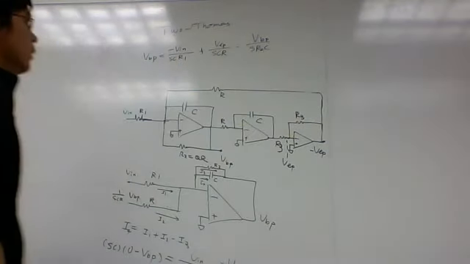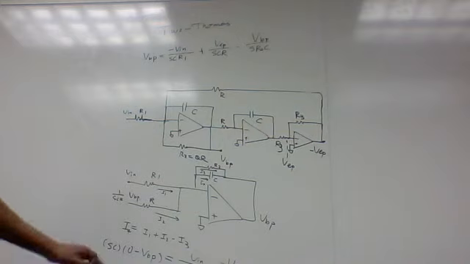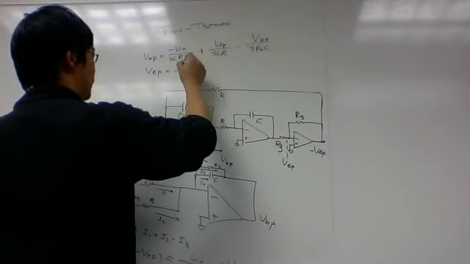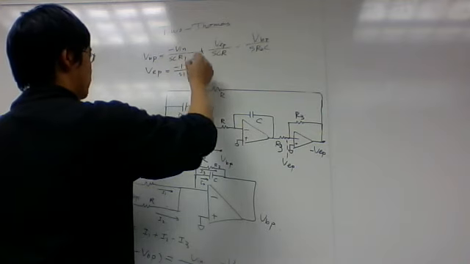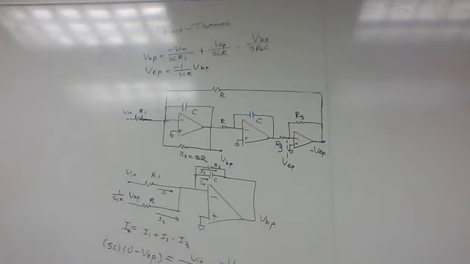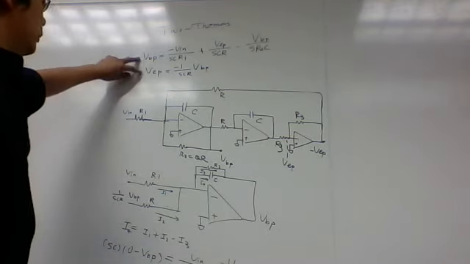Okay. And then VLP is minus 1 over SCR of VBP. Okay.